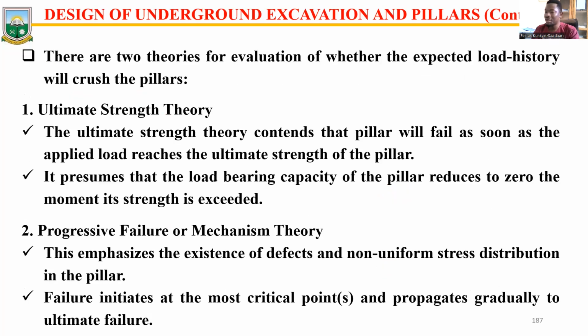So there are two theories in all these calculations we've been talking about for evaluation of whether the expected load history will crush the pillars. If we are talking about whether our pillars will crush or not, people have come up with two things. We call them the ultimate strength theory and the progressive failure, or mechanism, theory. The ultimate strength theory contends that a pillar will fail as soon as an applied load reaches the ultimate strength of the pillar.